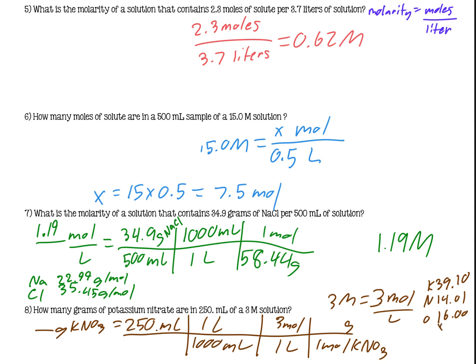Since there are 3 oxygens, that means we're going to do 16 times 3 plus 14.01 plus 39.10, which is 101.11. Now, 250 milliliters times 1 liter times 3 moles times 101.11 grams divided by 1,000 milliliters divided by 1 liter divided by 1 mole is 75.8 grams of KNO3.